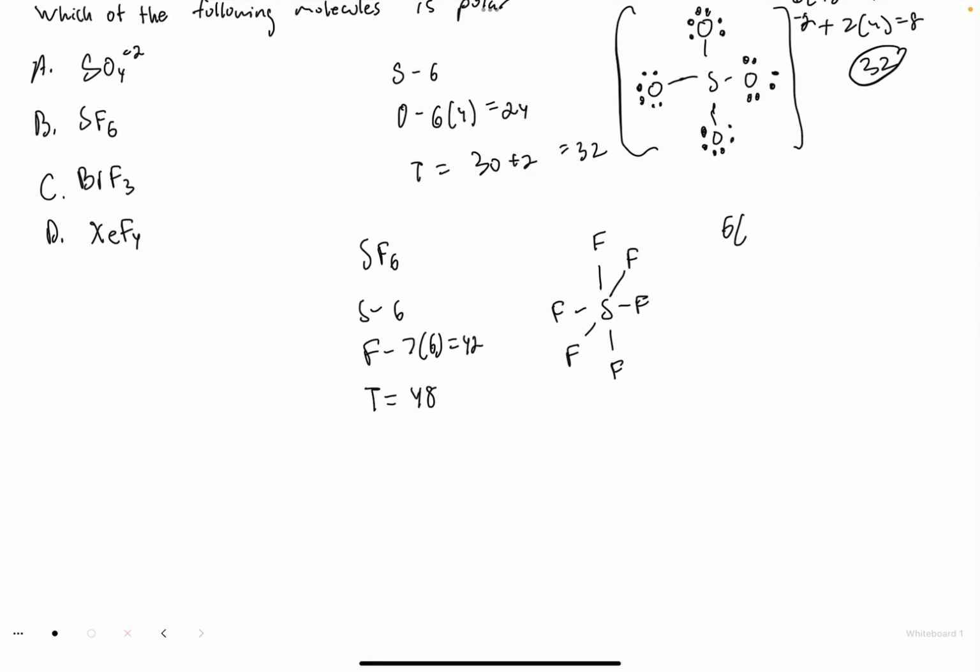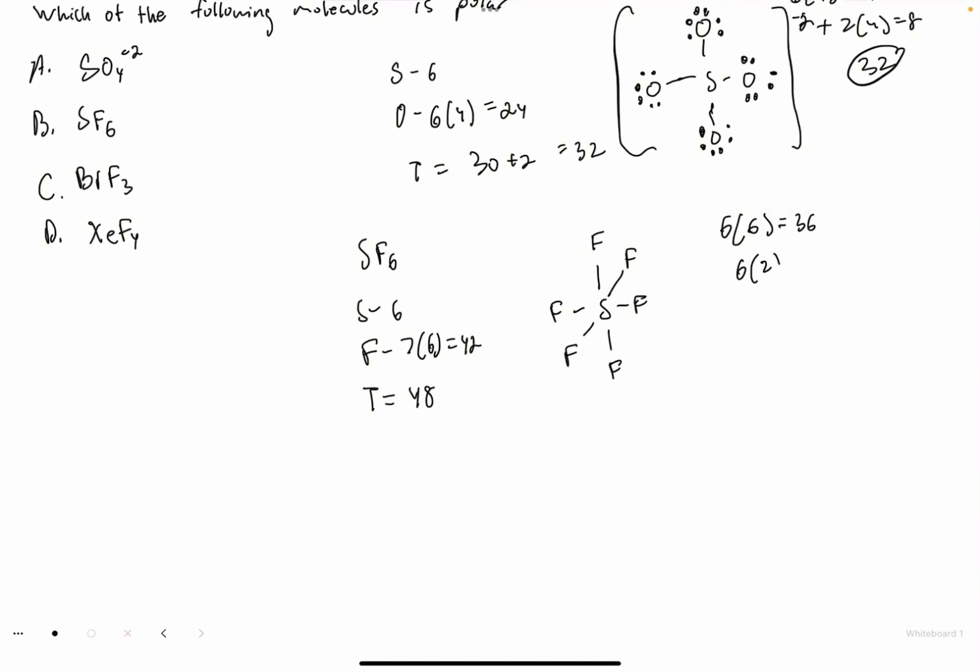And so now we have 6 times 6, which would be 36, and then we have 6 times 2, which is 12. And then we have 48.